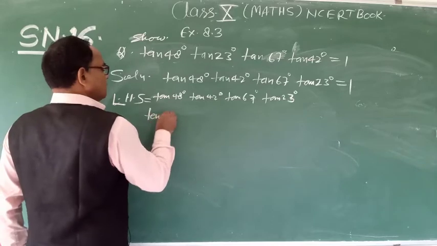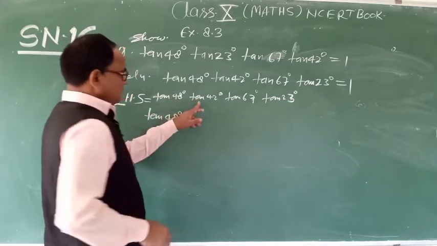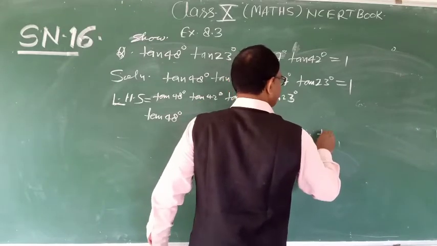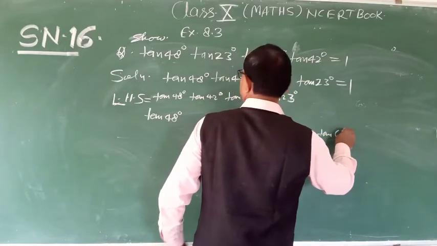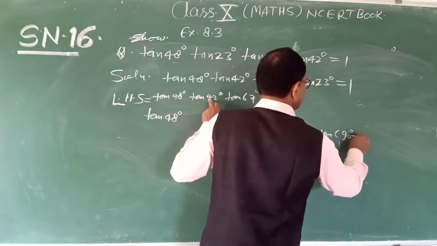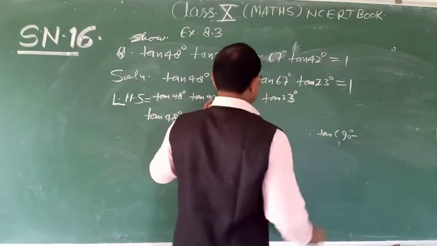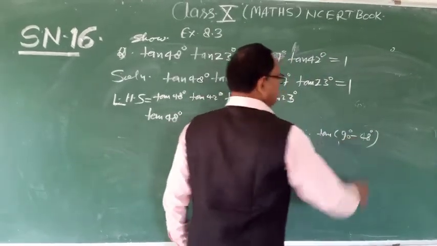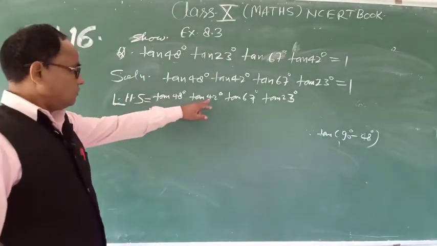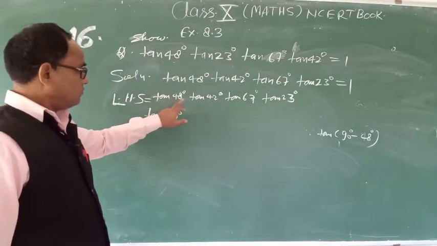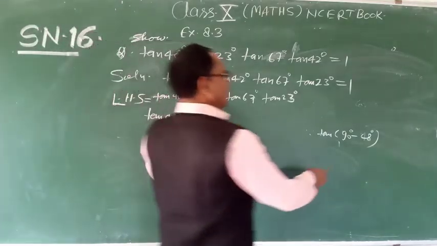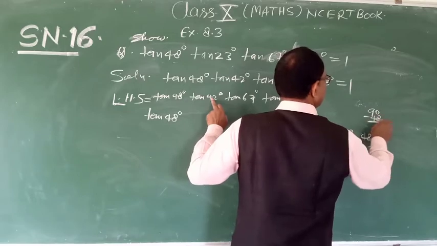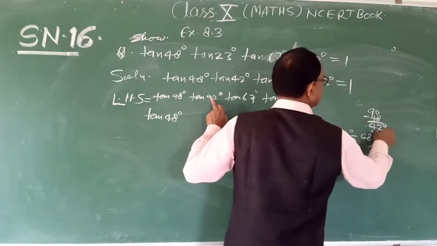Here we solve tan 48 degree. Then we can write tan 90 degree minus 48 degree. 90 minus 48 is equal to 42. Here 90 minus 48 degree, we get 42 degree.